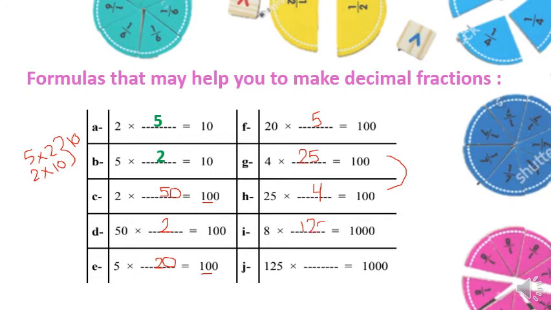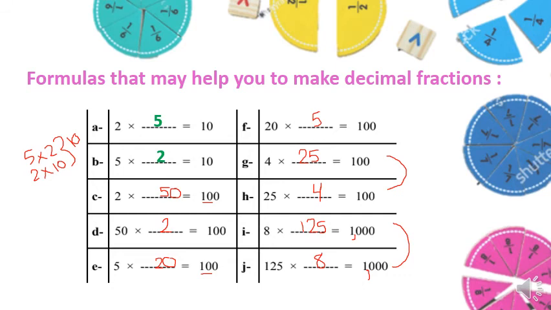The friend of 8 is 125. The answer will be 1000. Similarly, when I see 125, you multiply it by 8 and the answer will be 1000. So we have here two new friends, which are 8 and 125. If you multiply them together, you will get 1000.